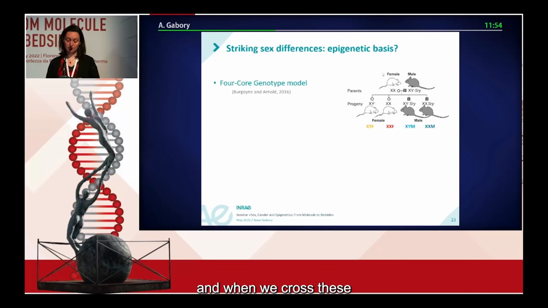When you cross these animals together, you can obtain four different genotype-sex combinations in the offspring: the XY female, the XX female that are wild-type animals, the XY male that are XY minus SRY, and the XX male that are XX SRY.